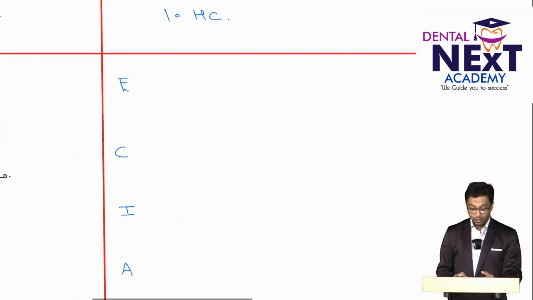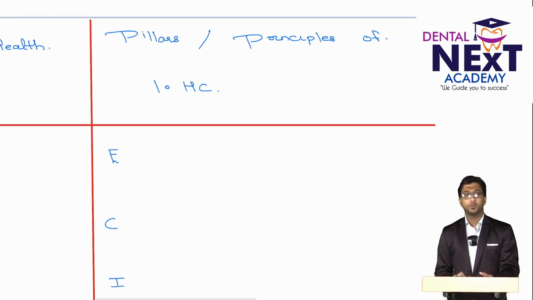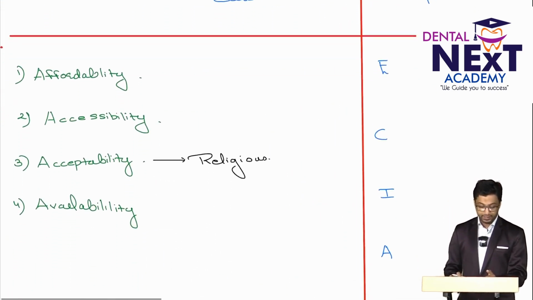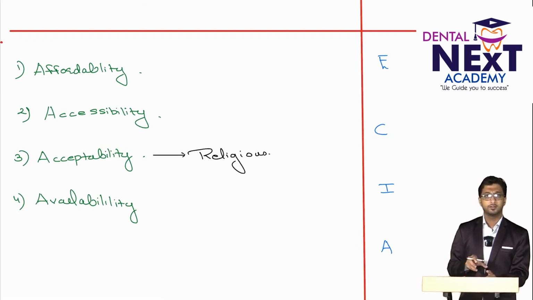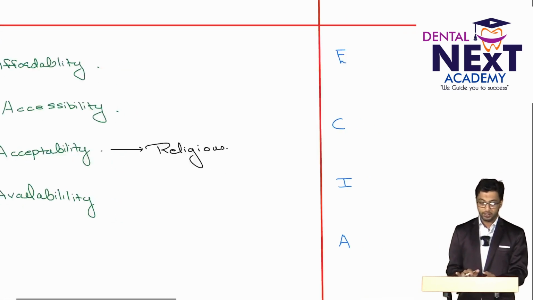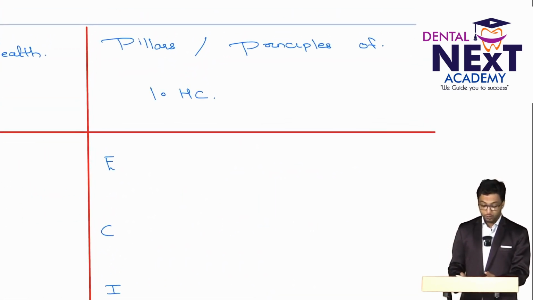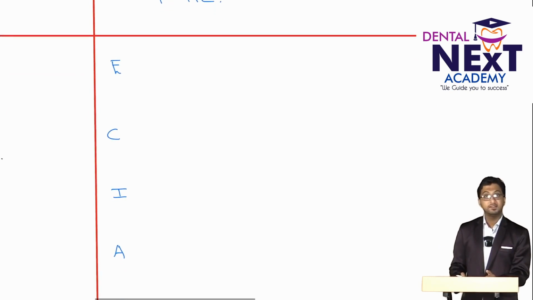Now, that was the hallmarks: affordability, accessibility, acceptability, availability. See, you don't need to learn this by heart for your entrance examination. It's there in your options, they will ask you there. So 4 A's are there. You understand what is involved and the exceptions, and you will be able to easily get it out. Okay. Now, pillars or principles, you should remember a short form called ECIA.